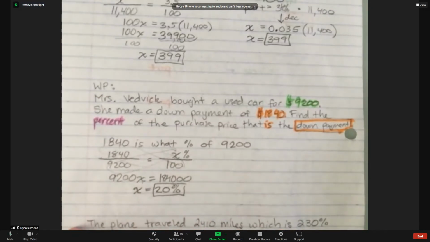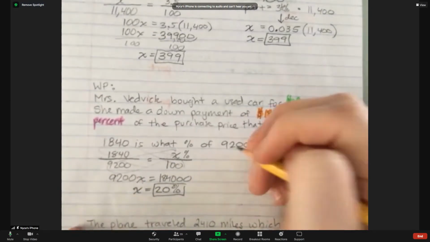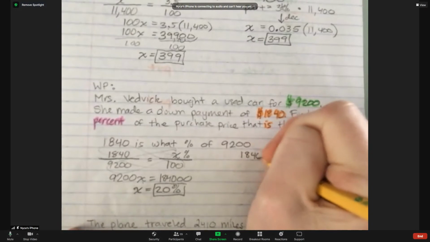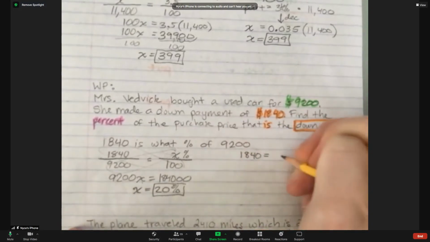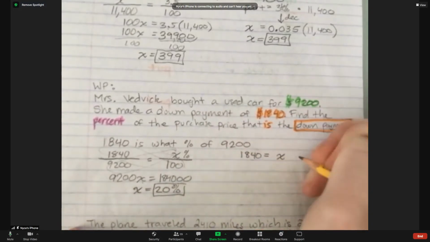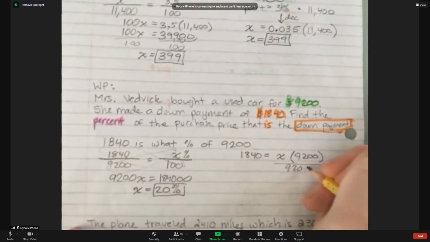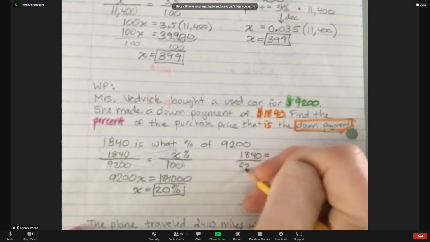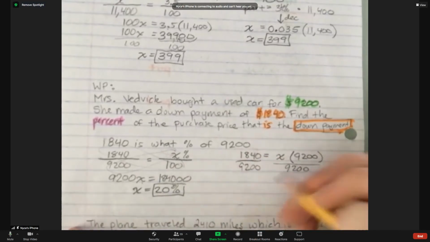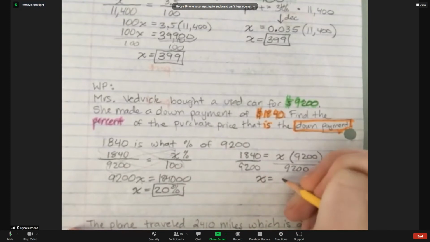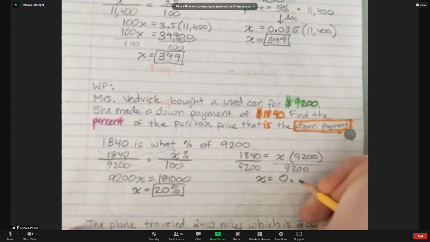If you don't like this method, you want to do the equation. Again, is equals the percent times 9,200. Then you would divide by 9,200, divide by 9,200. If you do this method, you should get 0.20.